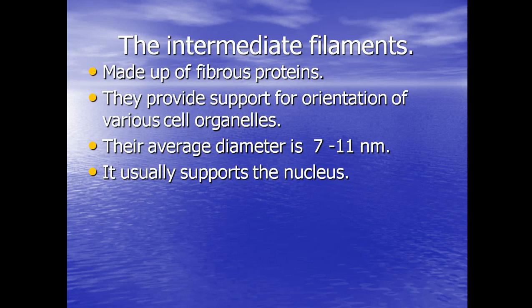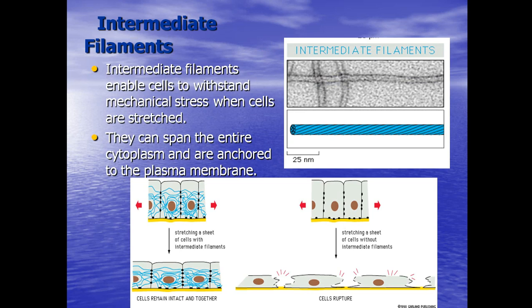So that's why in some cells it is in the center. It all depends on the type of the cell as well as the species. So how is it arranged? Because of these intermediate filaments which are made up of fibrous protein. See these intermediate filaments.